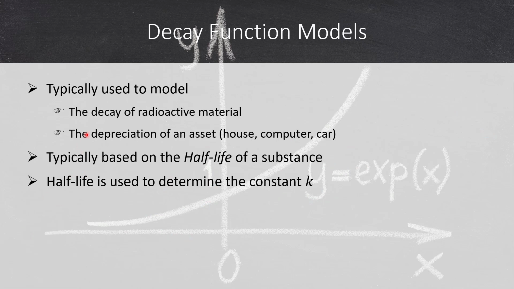The next collection of problems we're going to be dealing with are decay function models, and these tend to be used to model the decay of radioactive material, but they can also be used to model the depreciation of an asset like a house, a computer, or a car, or any other tangible asset. And this actually comes in handy when you do your taxes.